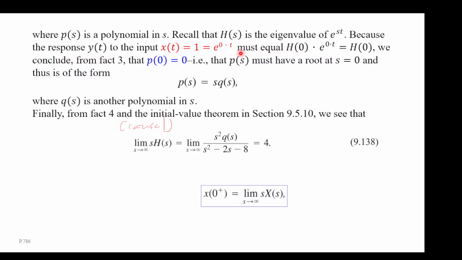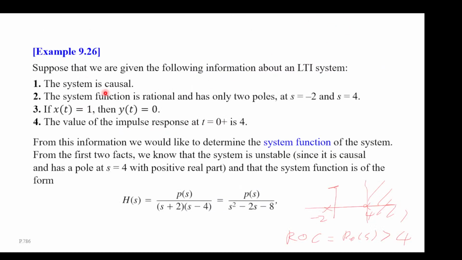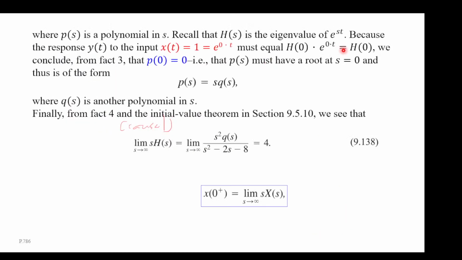But a way to use this is to remember that H of s is the eigenvalue of e to the st. For an LTI system, e to the st are always eigenfunctions, with H of s as their eigenvalue. And x of t equal to 1 is actually e to the st with s equal to 0.